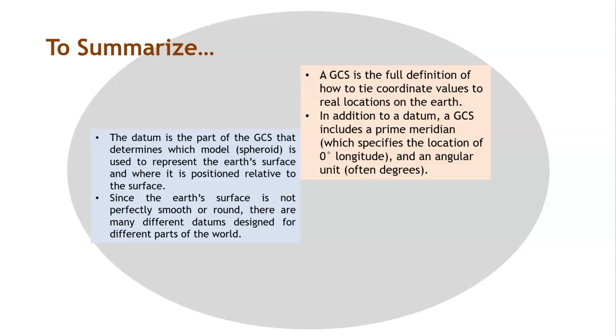Just to differentiate it from the datum, a GCS is the full definition of how to tie coordinate values to real locations on the Earth. In addition to a datum, a GCS includes a prime meridian, which stands for 0 degree longitude, and an angular unit, which is often expressed in terms of degrees.